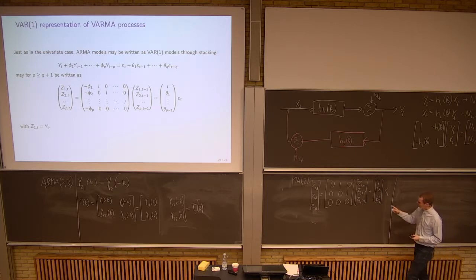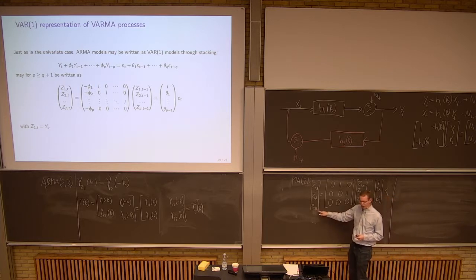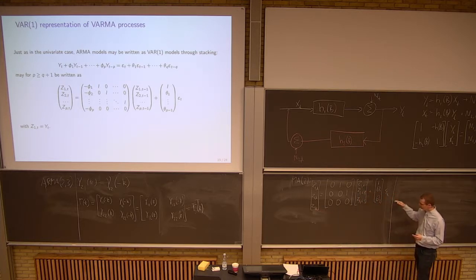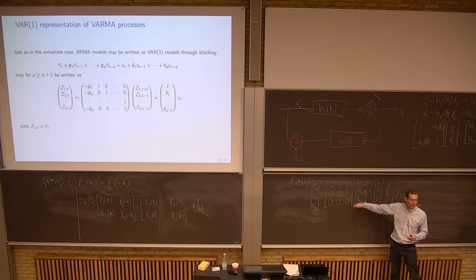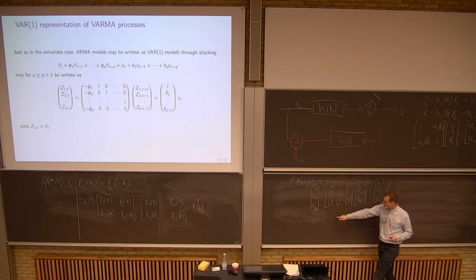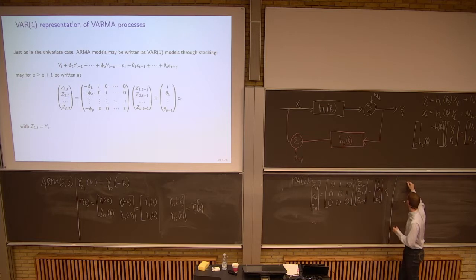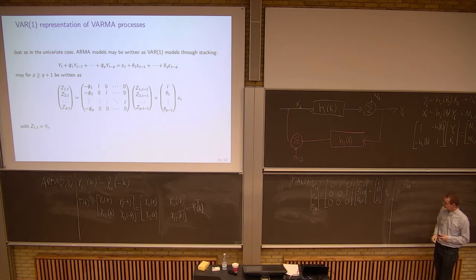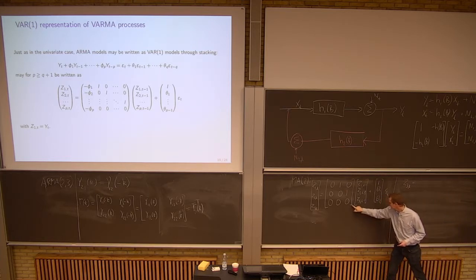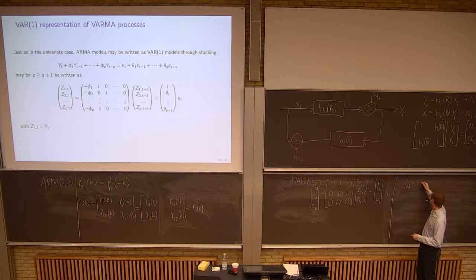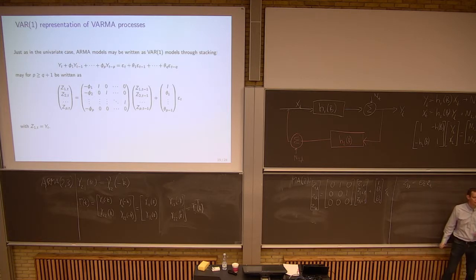So let's take it at one time step, take it from the bottom and do it bottom up. So zeta 3, comma t, that is equal to a lot of zeros, theta 2 epsilon t. Right?